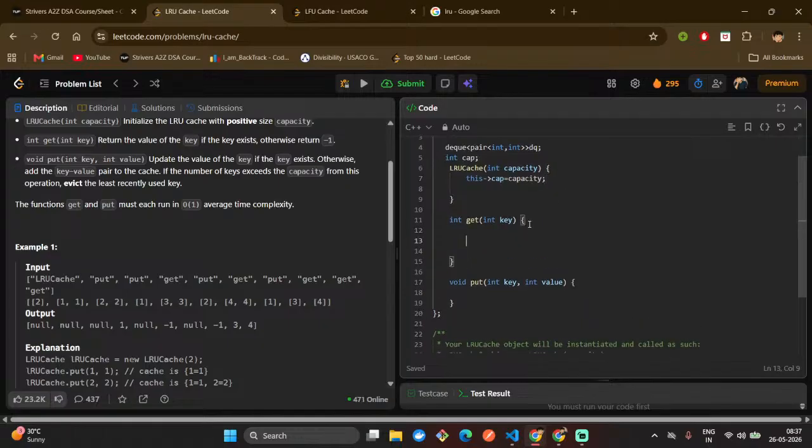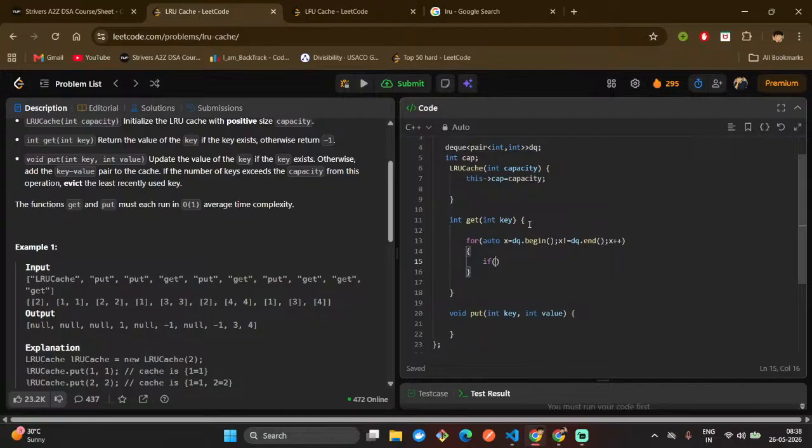It is finding the q, so we have to find the x. x is equal to dq dot begin, and x is not equal to dq dot end, right? x plus plus. Let's start.